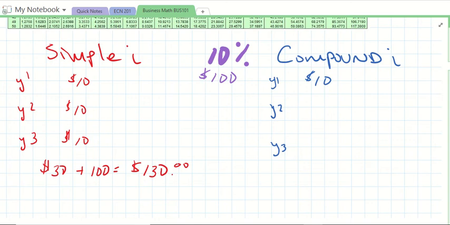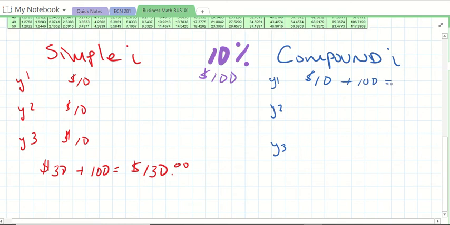What we take 10% of changes. So in year 2, we're not doing 10% of $100. We're doing 10% of $110. To figure that out, we take 110 times 10%, and that gives us $121 total.